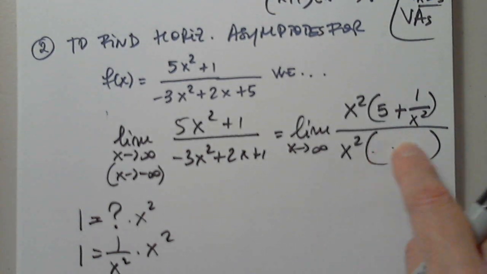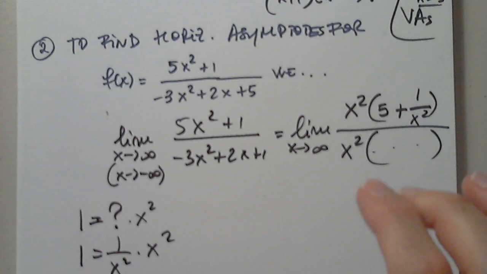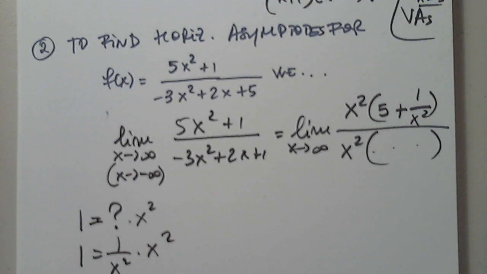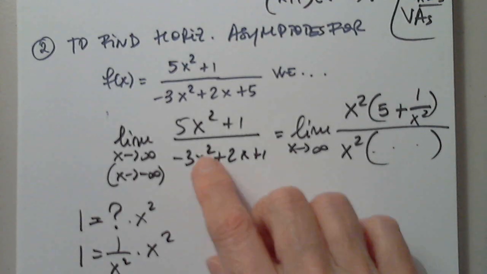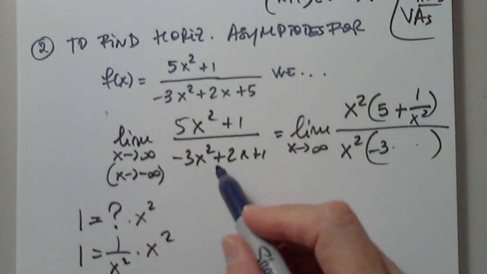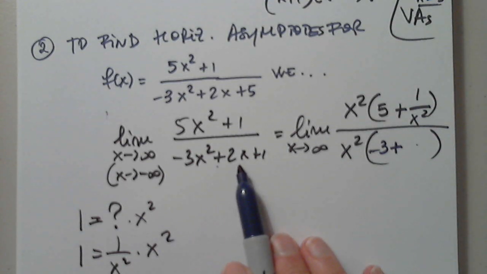Good. What about the 3 terms inside here? Can anyone help us with those 3 terms? -3. Excellent. The first one is -3. Awesome. Then I have plus 2 over something. It must be a fraction because I cannot factor out x squared from 2x.